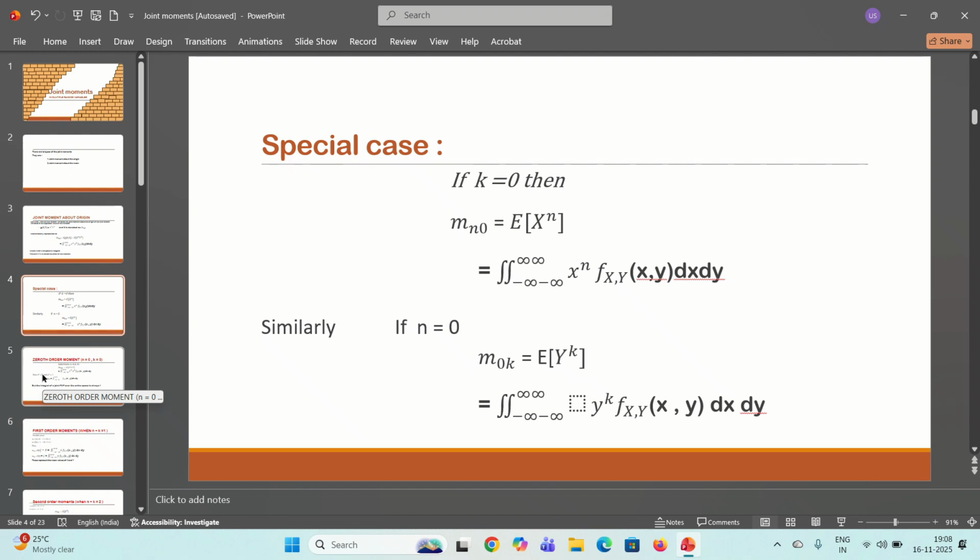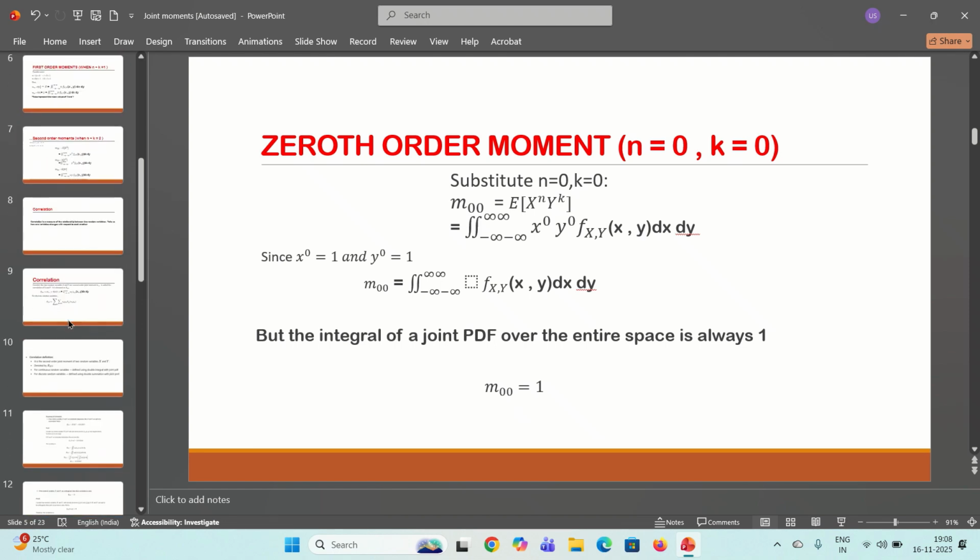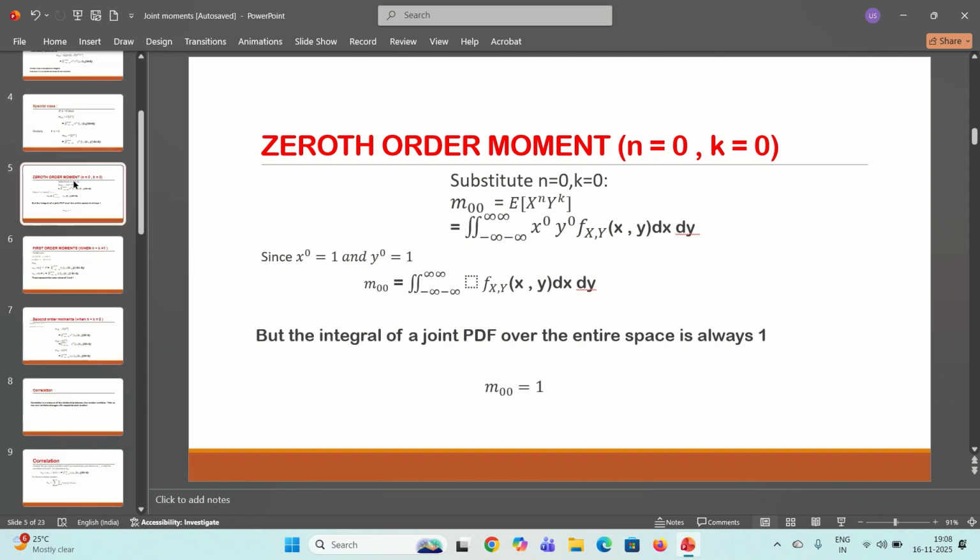Let us see the zeroth order moment in joint moment about the origin. Substitute n equals 0, k equals 0.